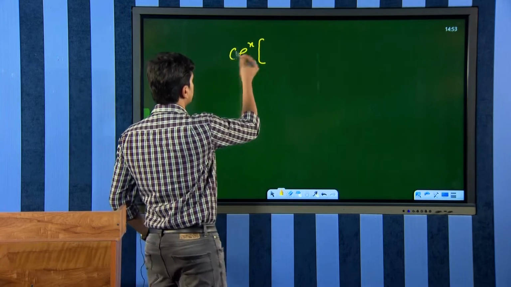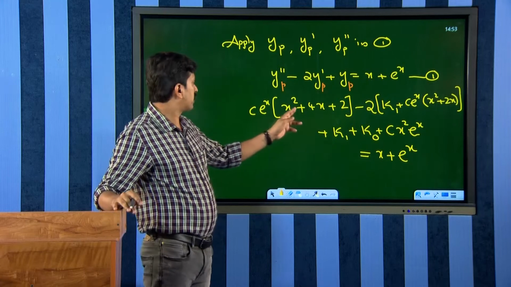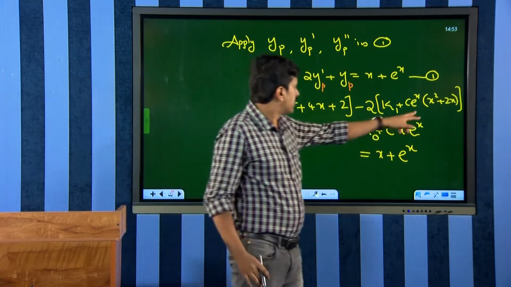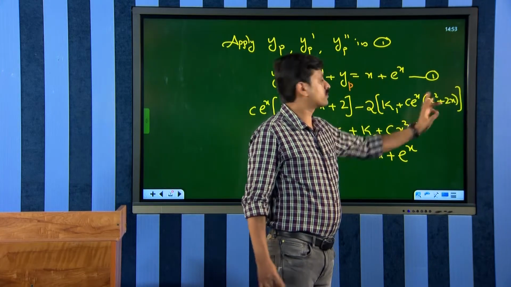So c e raised to x into here we have x square plus 4x plus 2, and here we have minus 2 x square minus 4x is there.